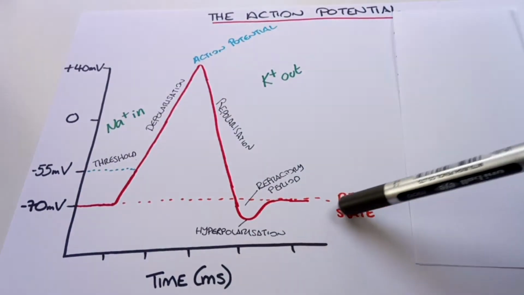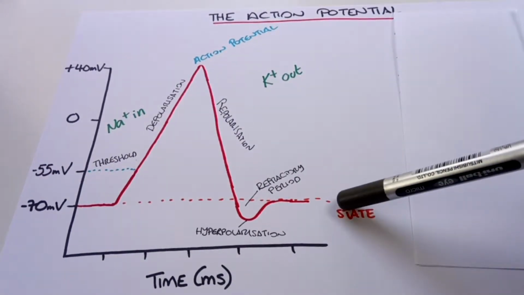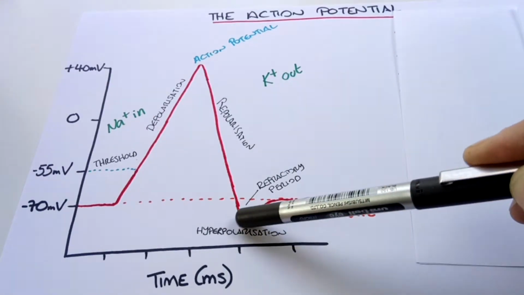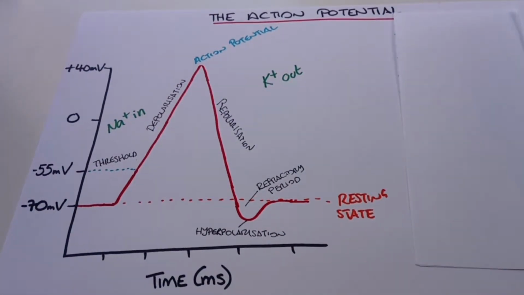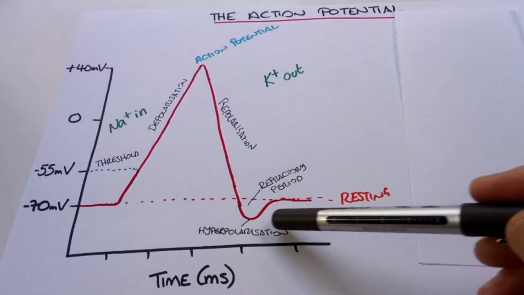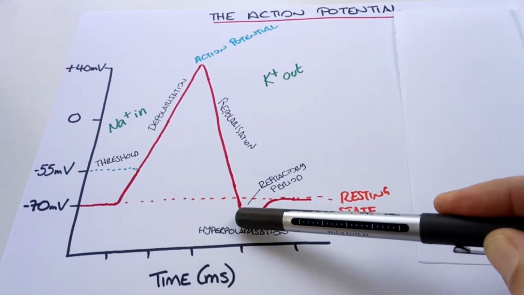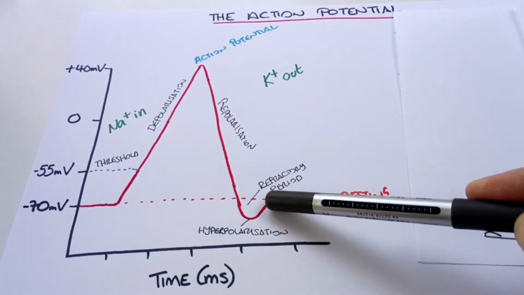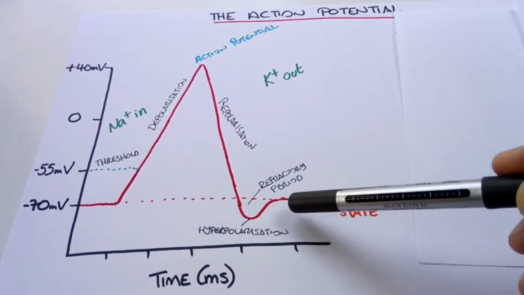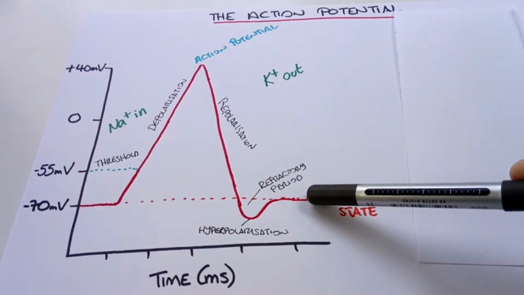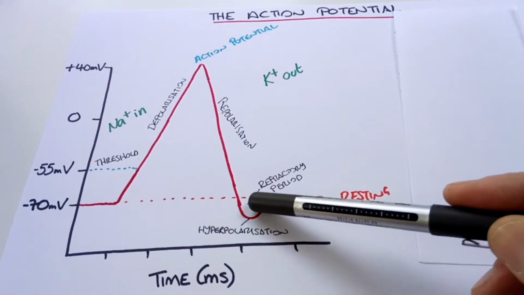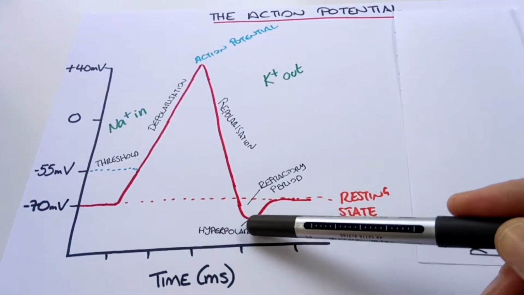Now it gets back down to the resting state and then it overshoots it. This is called hyperpolarization, okay? So it overshoots the resting state and then jiggles itself around, evens itself out, and comes back to resting state. So this part here is called hyperpolarization.